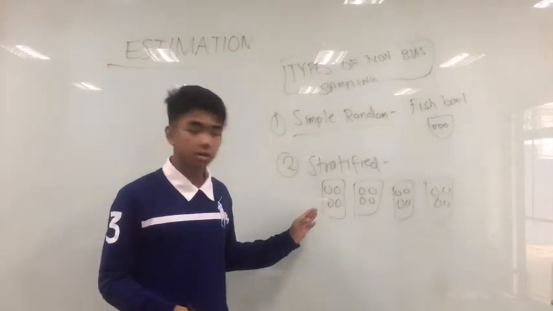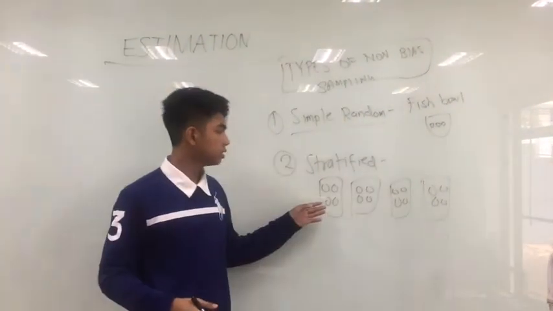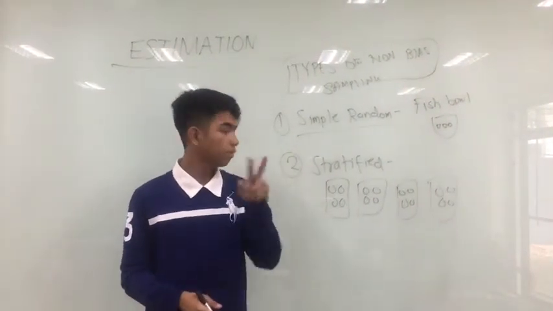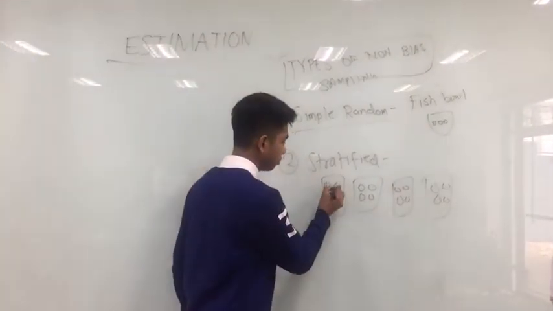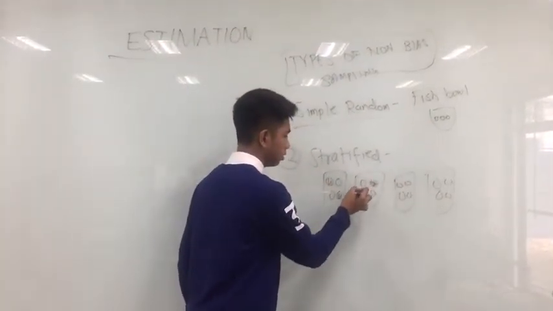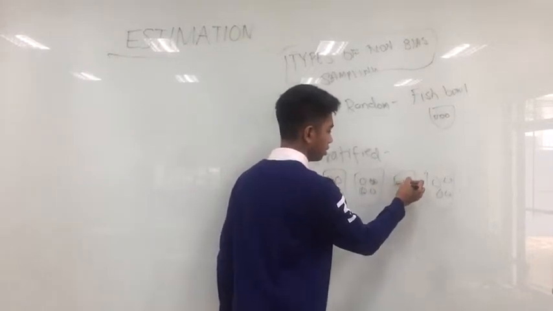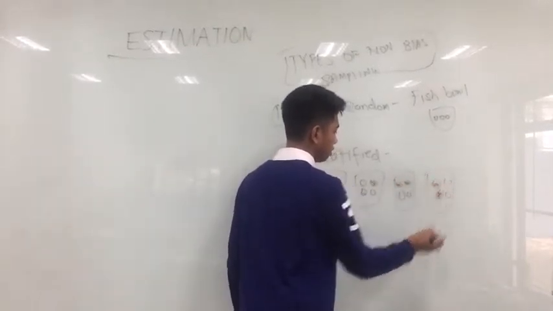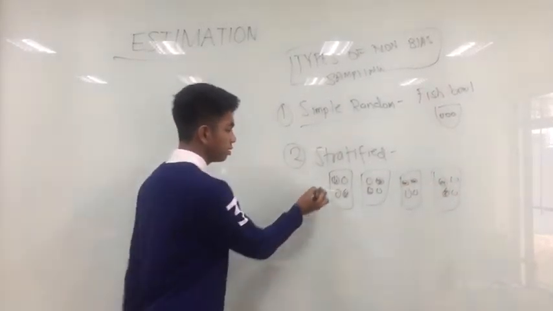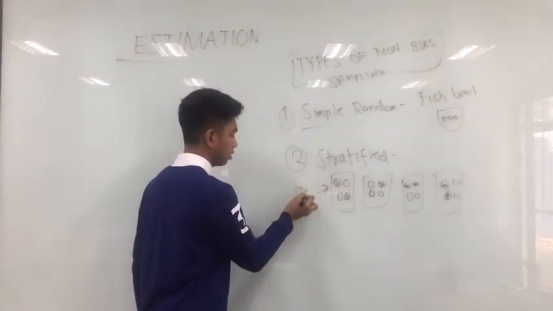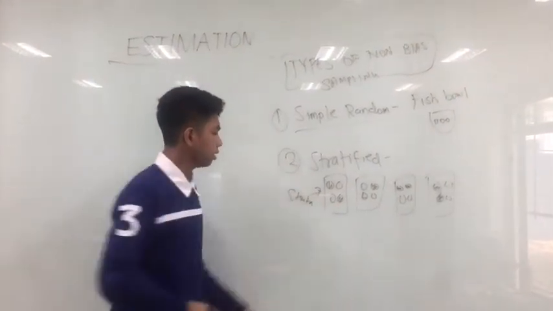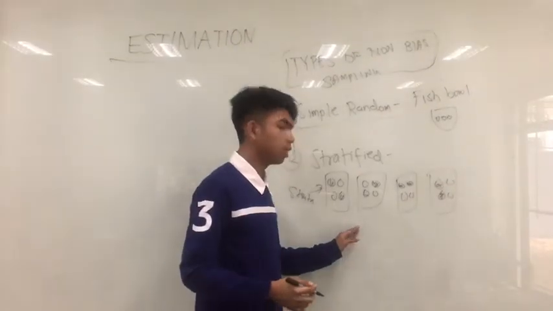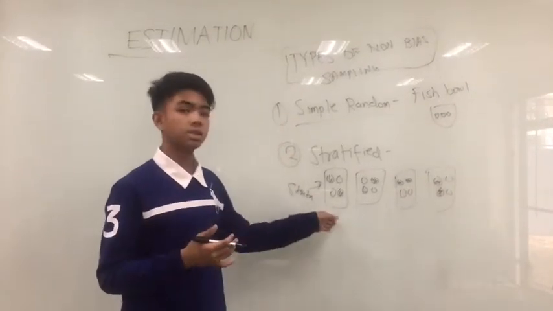These are called strata. And out of these 4, you will only pick 2 from each stratum. So once more, these are called strata. Each classification should have the same qualities within a stratum.